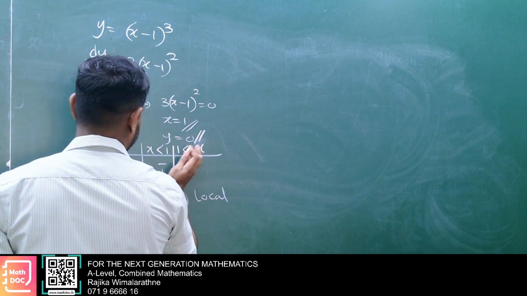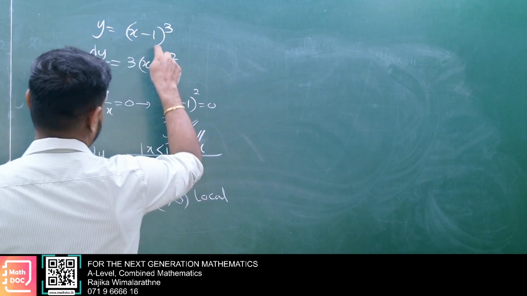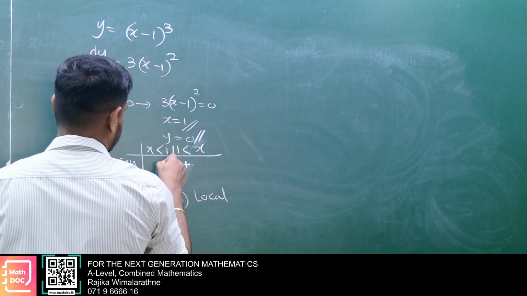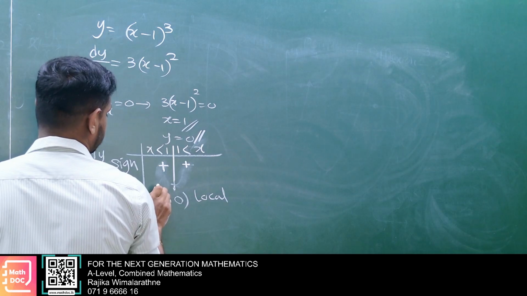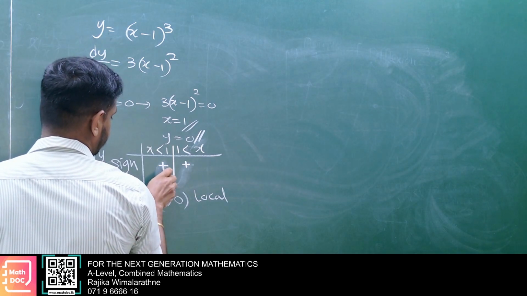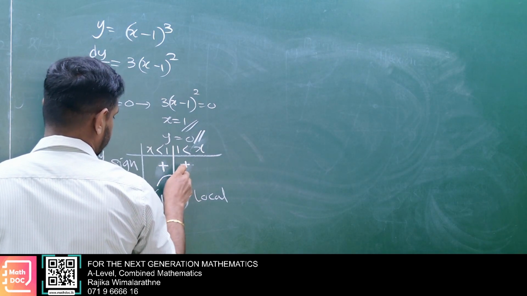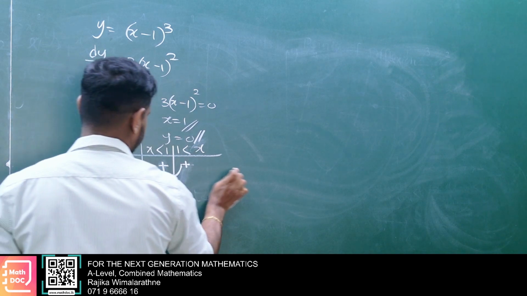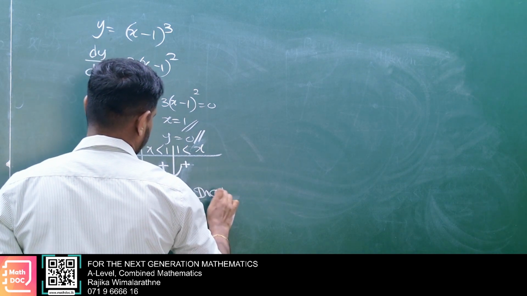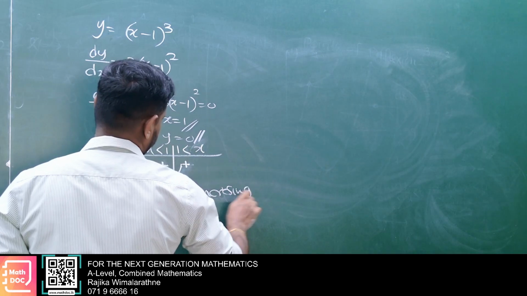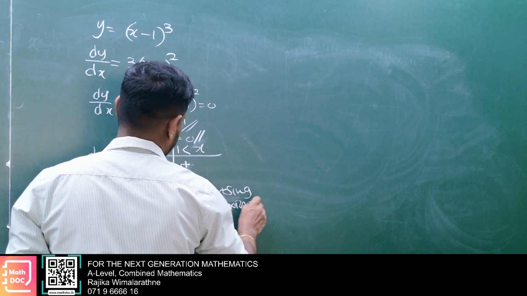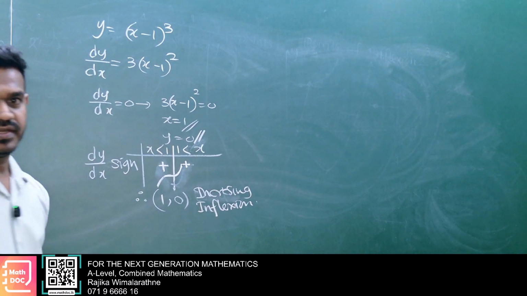Here the sign variation: greater than 1 positive, less than 1 positive. Therefore, positive to positive means increasing inflection. Increasing inflection point.